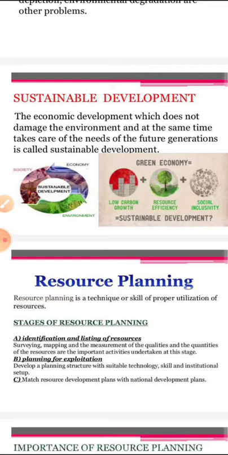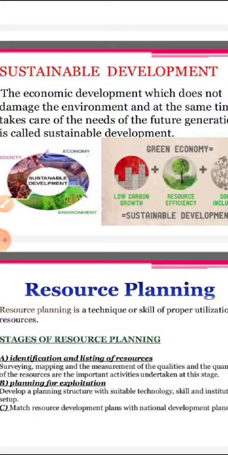In a very simple sentence, we can define it this way: the development or the utilization of resources without damaging the environment, without hampering the environment, and also the needs or requirements of the present generation must be fulfilled without compromising with the needs of future generation. So this is the meaning of sustainable development.